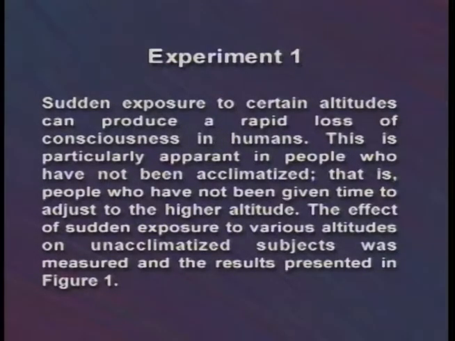This is particularly apparent in people who have not been acclimatized, that is, people who have not been given time to adjust to the higher altitude. The effect of sudden exposure to various altitudes on unacclimatized subjects was measured, and the results presented in Figure 1.